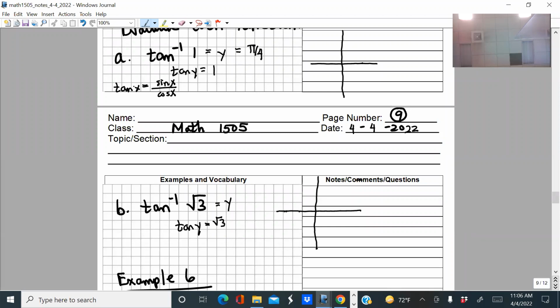The way you experiment is remember that tangent is sine over cosine, right? So let's try a few. What about tangent of pi over 6, which is 30 degrees? Remember, that is sine of 30 degrees over cosine of 30 degrees. What's the sine of 30 degrees?